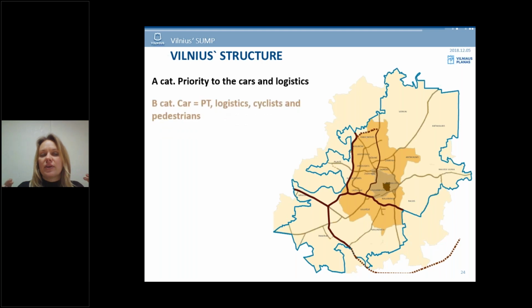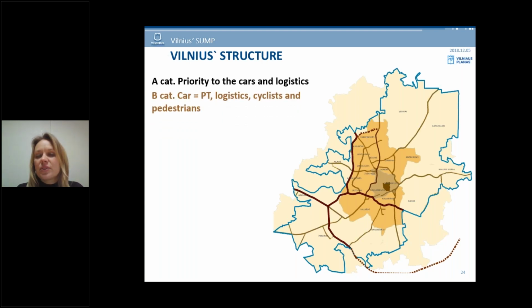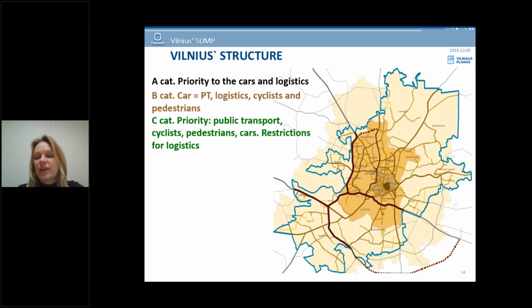Then we have another category for the main public transport network, and this category of streets must be the priority for public transport, with only some possibilities for cars, and of course with good separated infrastructure for cyclists and pedestrians. And then we have another category of streets which serve mainly residential areas.